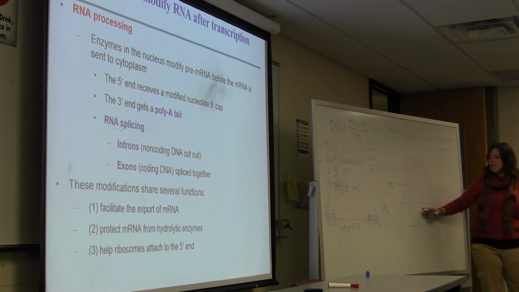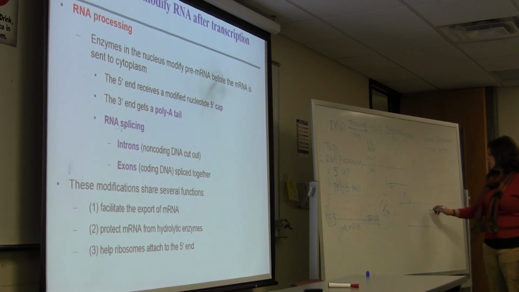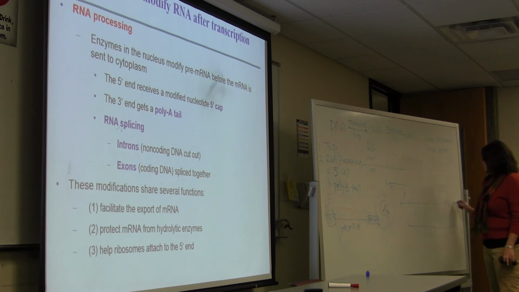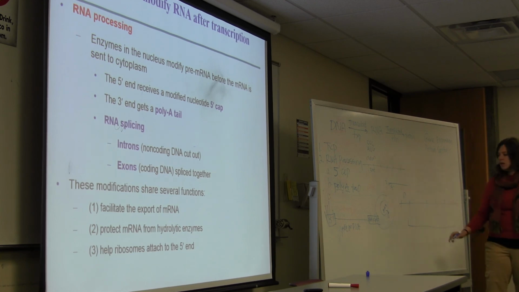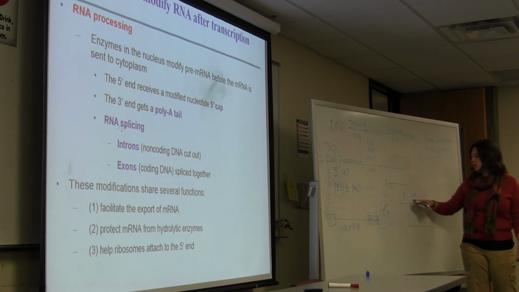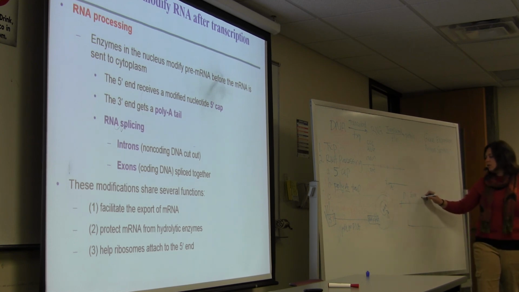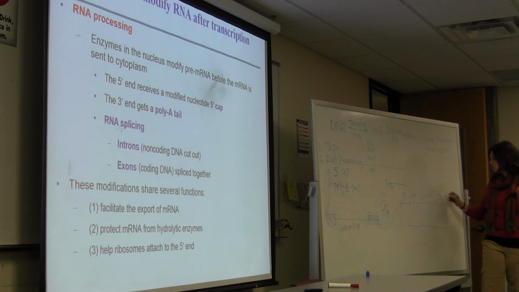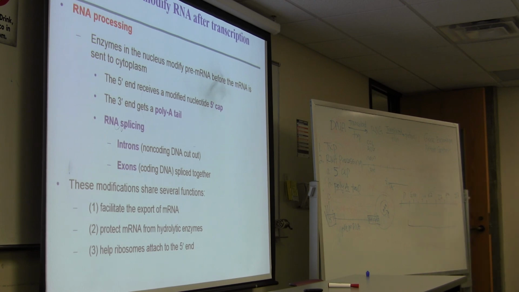Each gene is made up of alternating sequences called introns and exons. So if we have one gene, we might have exon 1 followed by intron 1, and then exon 2 followed by intron 2, and then exon 3 followed by intron 3, and so forth. Depending on how long your piece of DNA is, you're going to have different amounts of introns and exons.